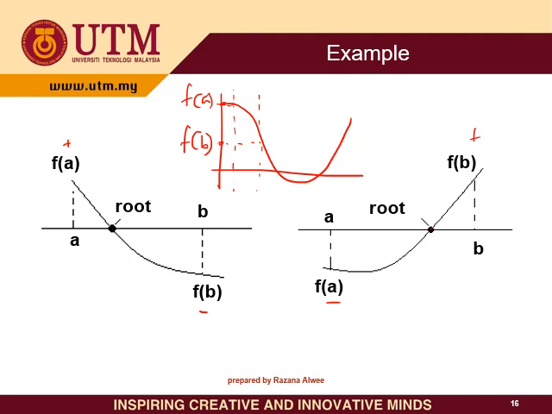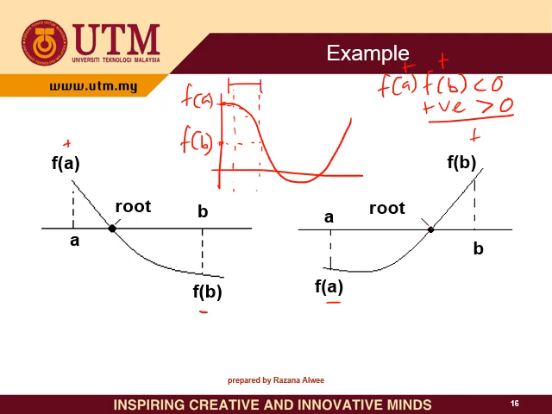So if you see this FA times FB less than 0, we know that both are positive, so the product will be positive. It is more than 0. So we can see there is no root in this interval, FA and FB.